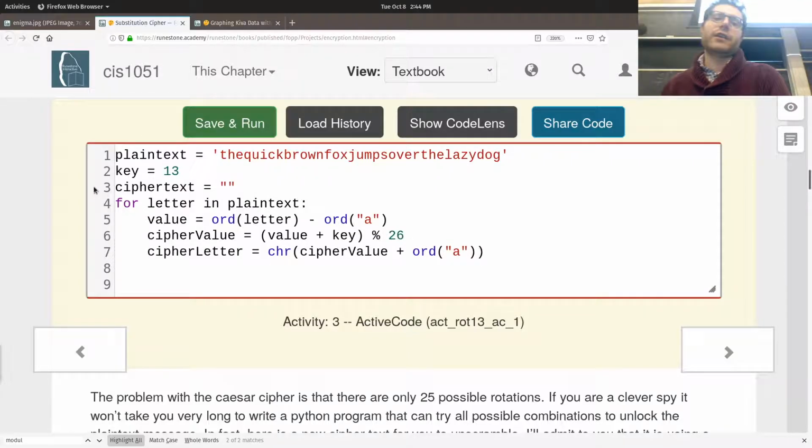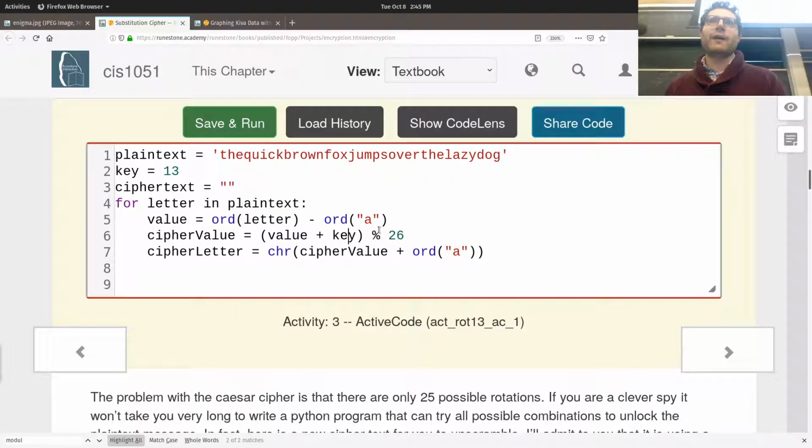So notice what I did over here. First step, I turn that letter into its value and subtract the ord of A from it. So now that's in the range of 0 to 25, which is a range I can actually work with when doing modular arithmetic. Then I add the key to that value and mod by 26, so just in case I go over, I wrap around back to the beginning.